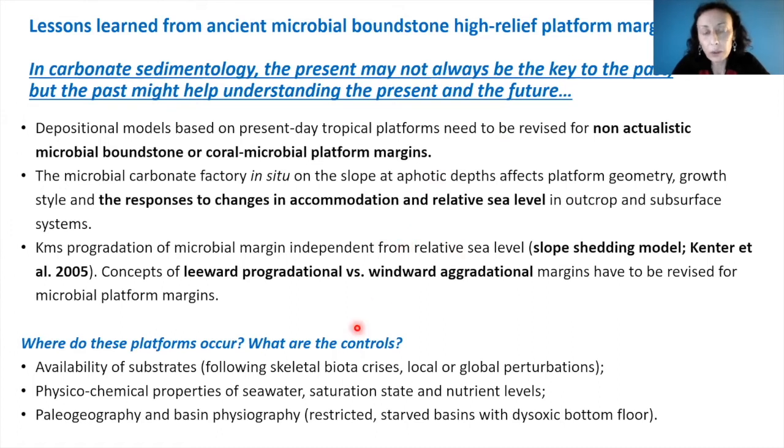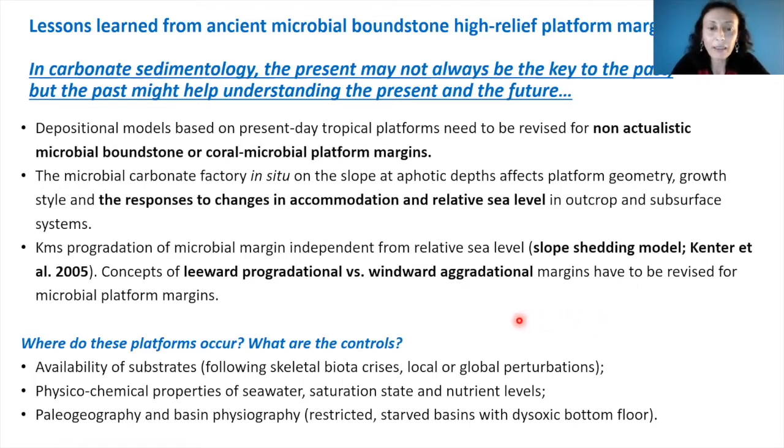And therefore, also the interpretation of leeward and windward margin, and what is more progradational, more aggradational. In the case of microbial platforms, they have to be revised, because it is not only the highstand shedding model that has to be applied.